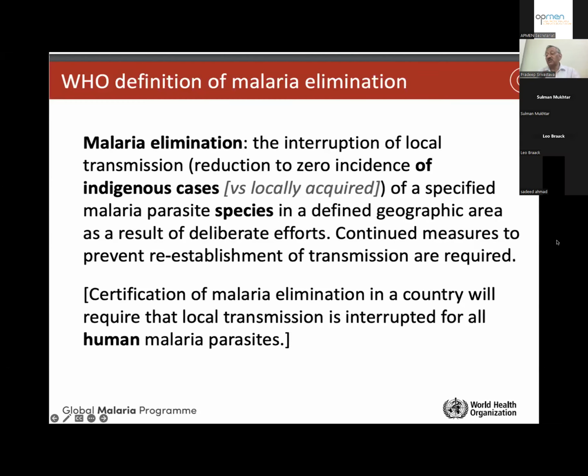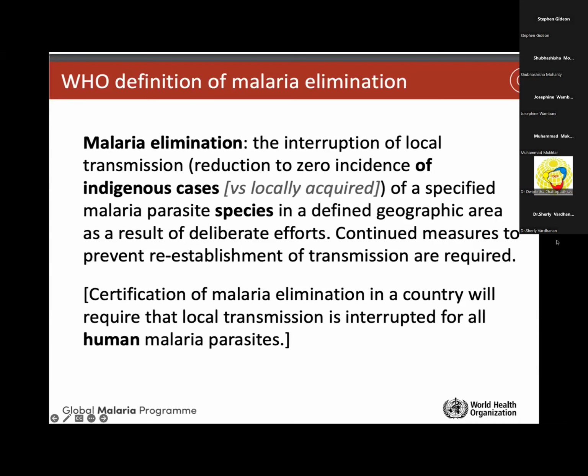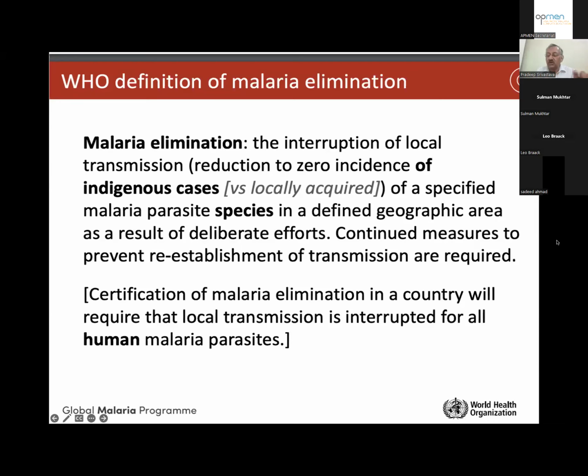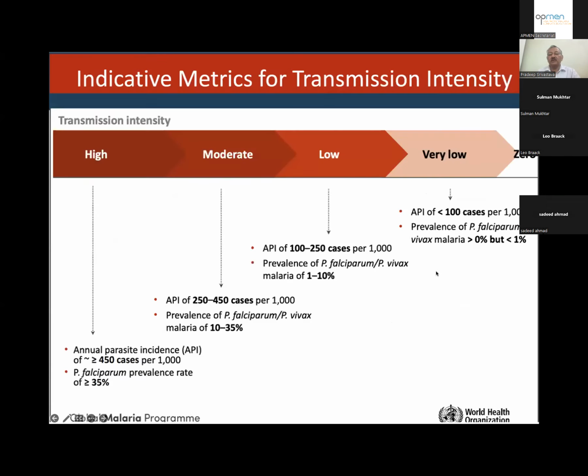It is not that it was already there. So you have made some efforts, and this continued measure has allowed you to prevent the re-establishment, and now there are no indigenous cases locally acquired. That is what the definition will be. And this is the documentary evidence that has to be produced every time you go for certification. So that is why this slide is very, very important.